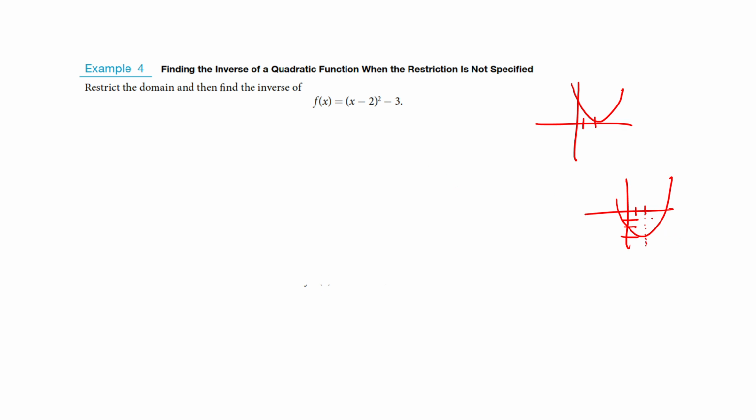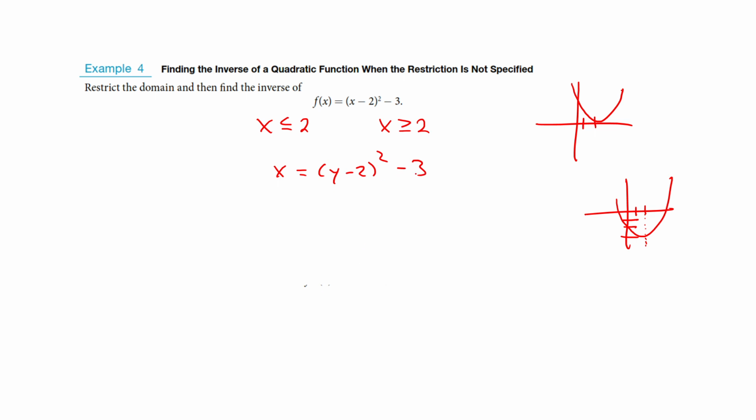I have two possibilities. So I'm going to chop it right here down the center. I could choose x's to be greater than or equal to 2, or x's less than or equal to 2. Either one would work. I need to chop it in half. Okay, well, let's go ahead and do now where we flip the x's and the y's, and I'll show you the rest of the story.